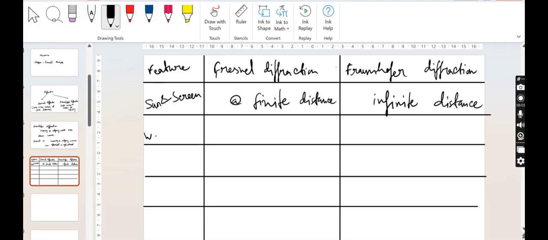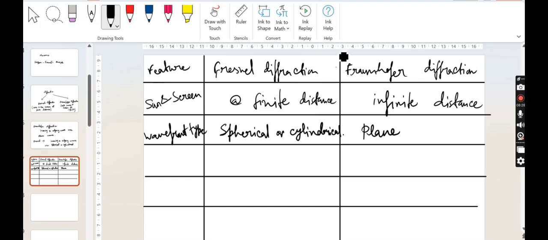Then comes wavefront type. As the source and screen are at infinity, the wavefronts are plane wavefronts. But in Fresnel diffraction, they are spherical or cylindrical, or a mixture of them, depending on the example.